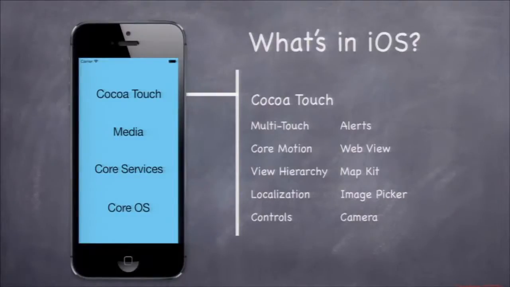A whole Map Kit for doing all the 3D maps that you've probably seen in iOS 7, and all that stuff is in there. And there's even a view in there that's an entire web browser in a little rectangle that you can just plop right into your app. So these are really high-level objects, and we're going to really be diving into this layer.